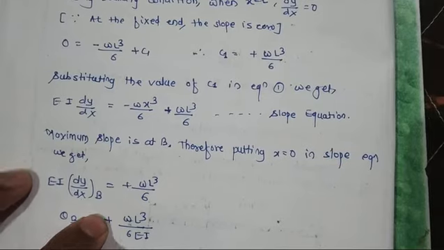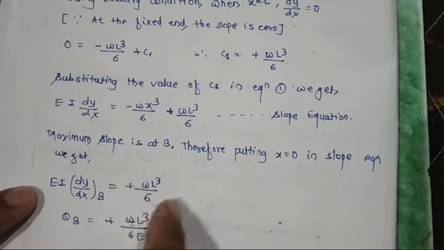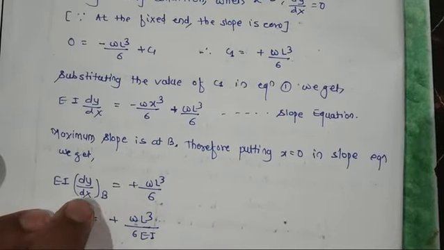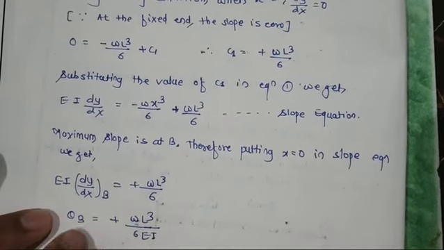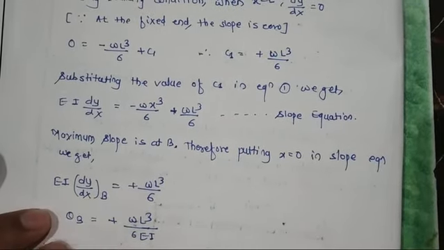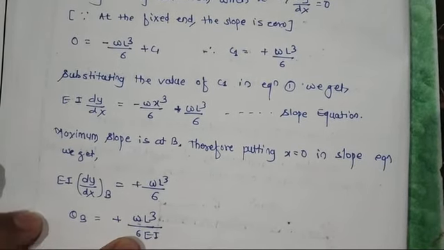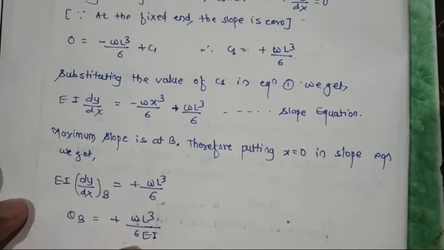Dy by dx is the slope of the cantilever, represented by theta B. So theta B is equal to W into L cubed divided by 6 EI.